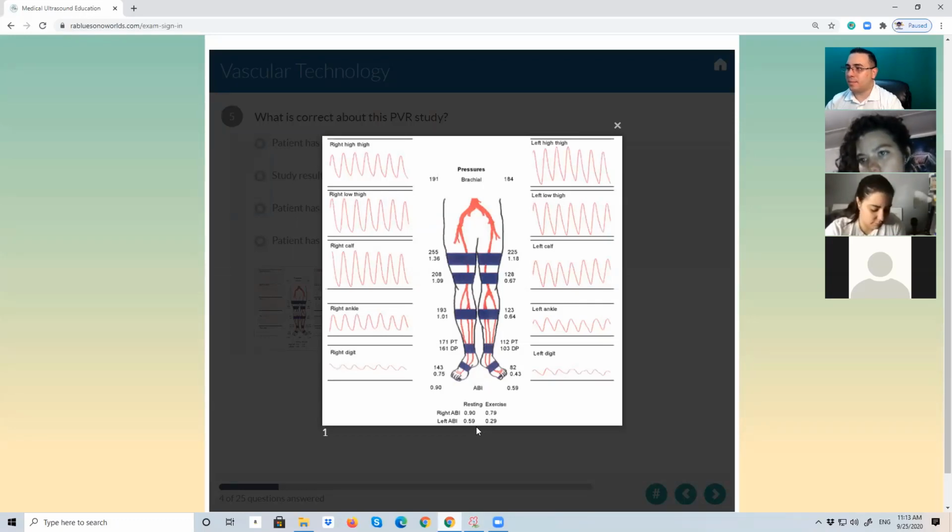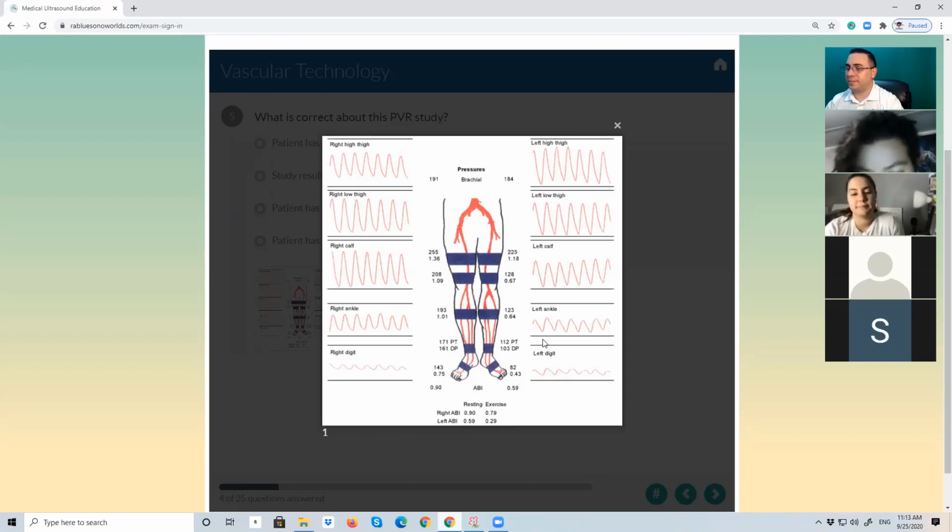And let's see what's going on in here. Brachial pressures, the one from the right is 191, the one from the left is 184. And I think the answer is just going to be to take a look at the waveforms, and this here is just going to give you the answer.